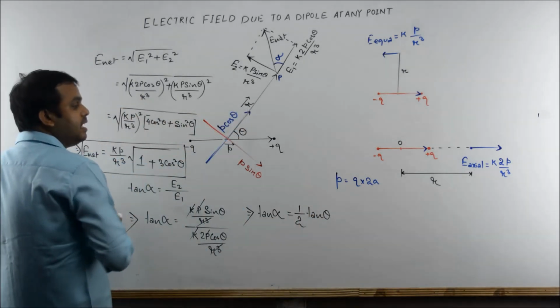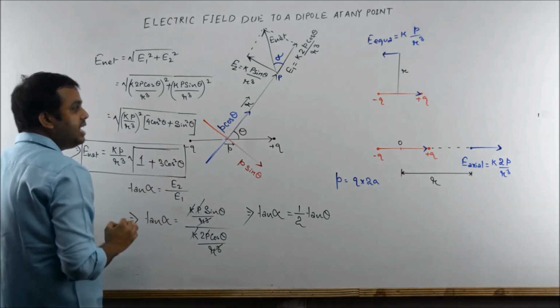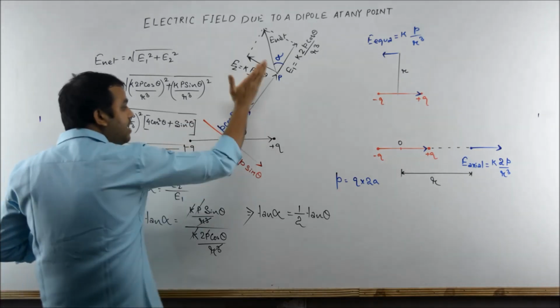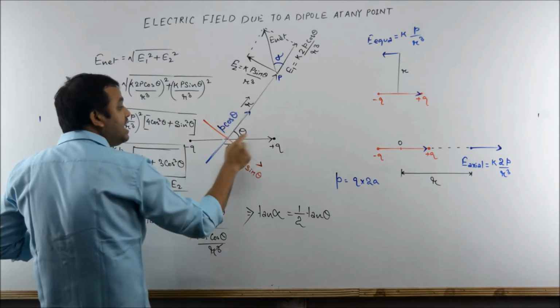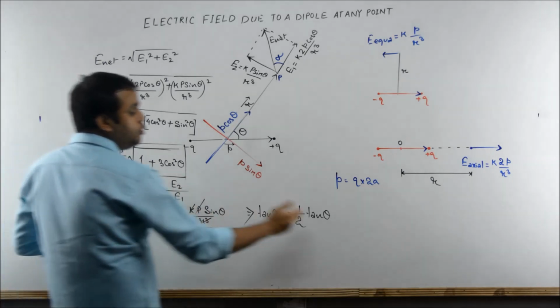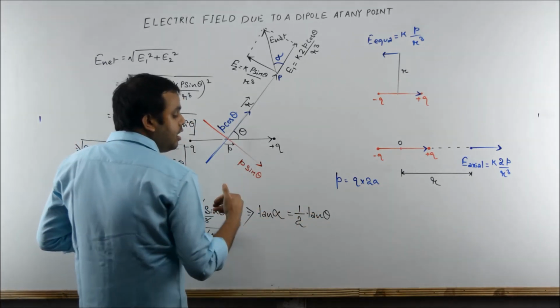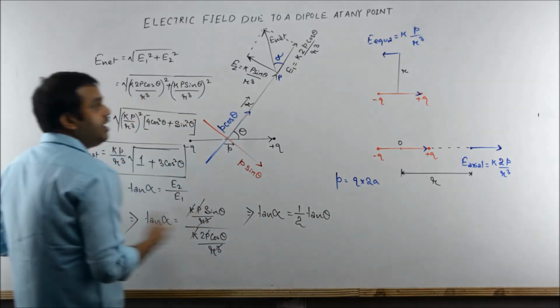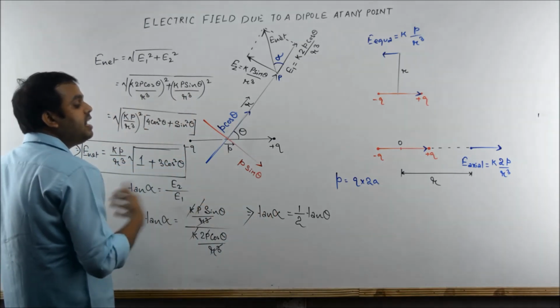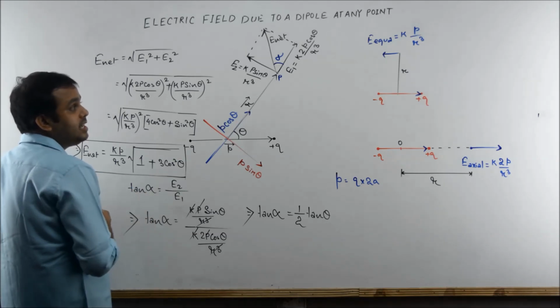Students, theta we know. In the question itself it was given that the r vector and p vector are inclined to each other by an angle theta. So we know the value of theta. If we know the value of theta, and 1 by 2 is a constant, very easily we can find alpha. Then how will we express the result?